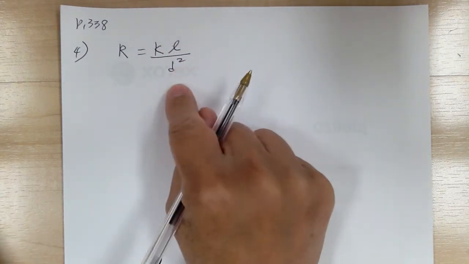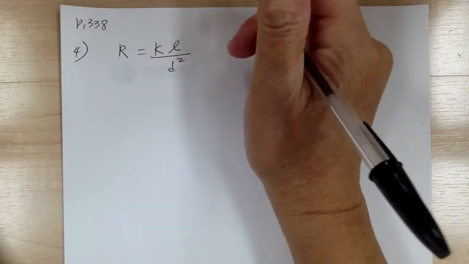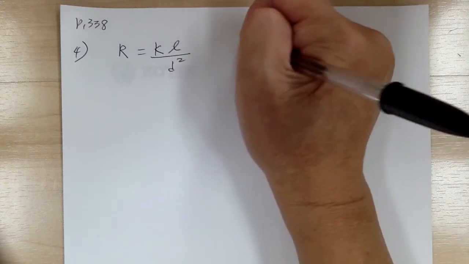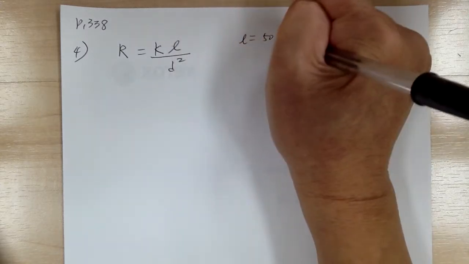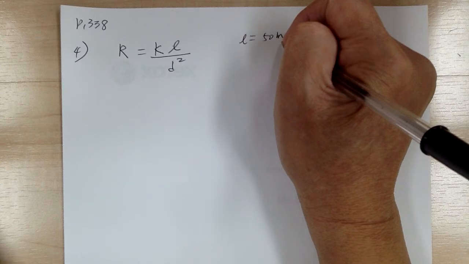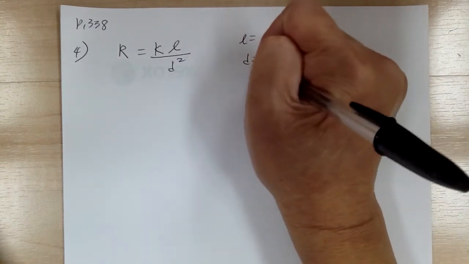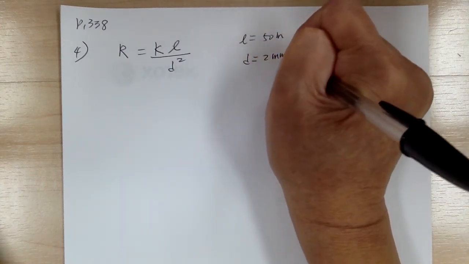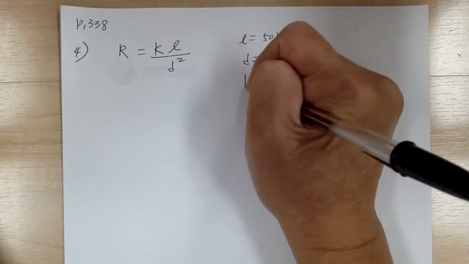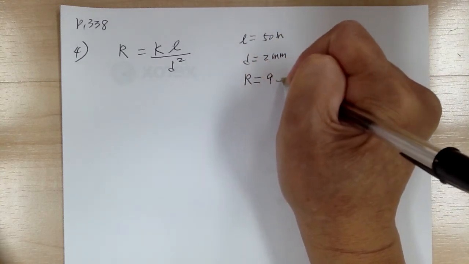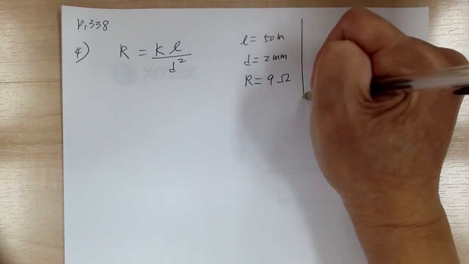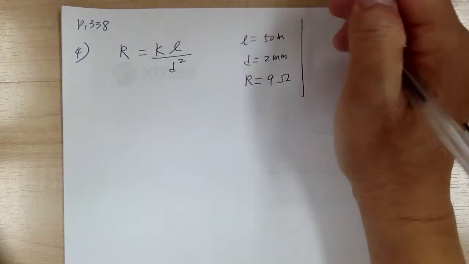So that's your translation. Now it says 50 meters of wire, so that's length. 50 meters of wire with diameter of 2 millimeters has a resistance of 9 ohms.